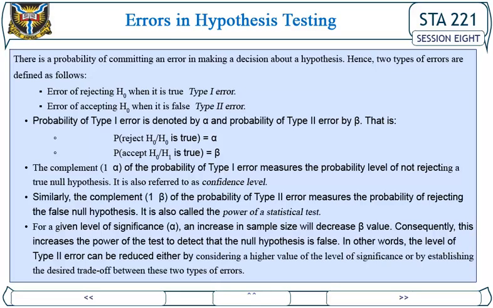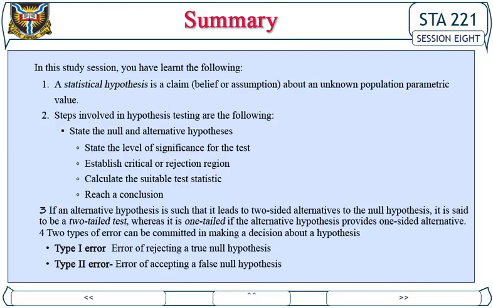The complement, one minus alpha, of the probability of type 1 error measures the probability level of not rejecting the true null hypothesis. It is also referred to as confidence level.